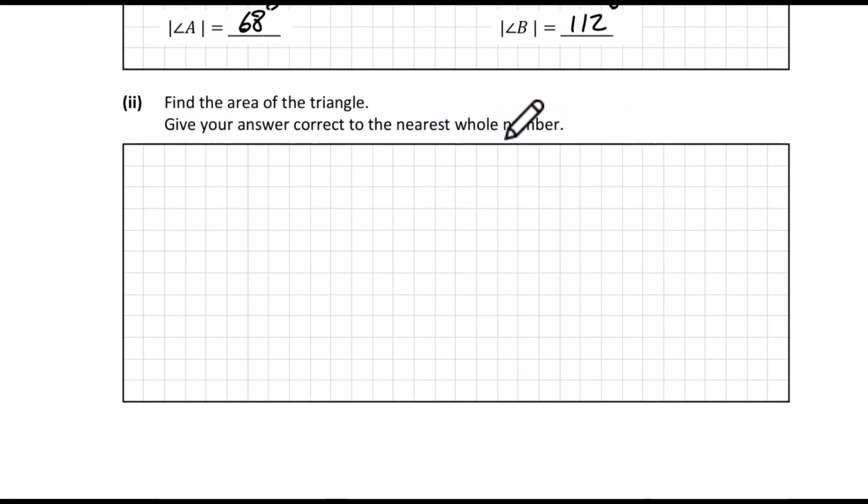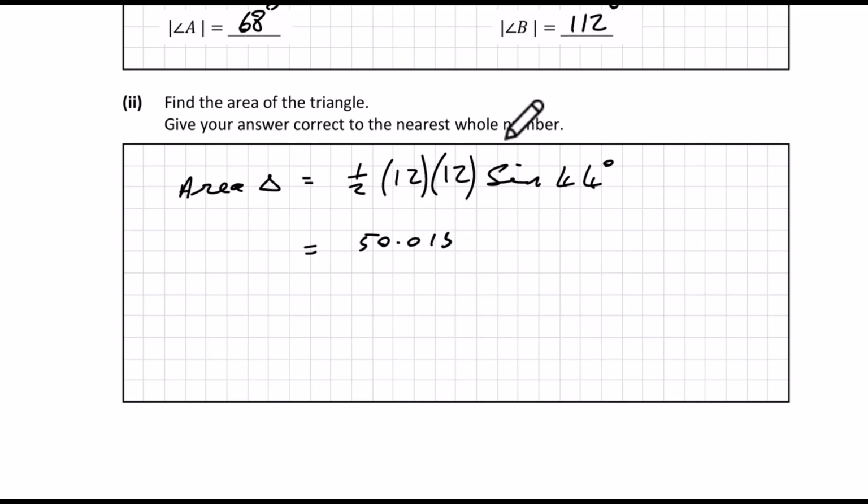So the area of our triangle is equal to half of 12 times sine 44 degrees. All of that you can just stick into your calculator, and what you should get is 50.015, and we have to give this to the nearest whole number, which is 50. It's an area, it's in centimeters, so it's centimeters squared.